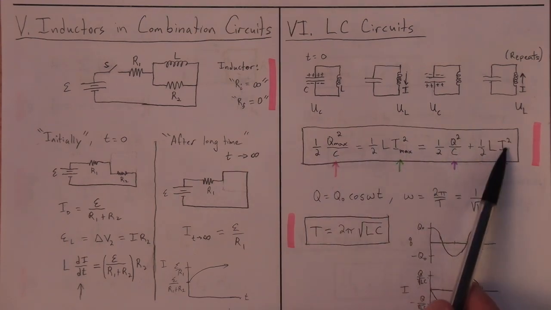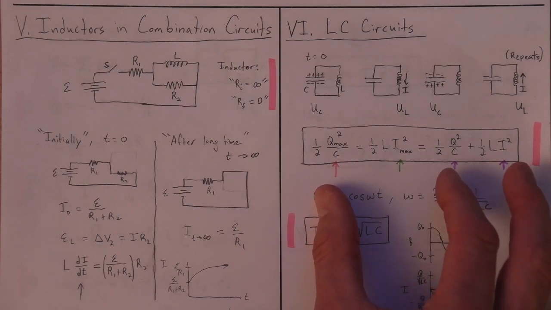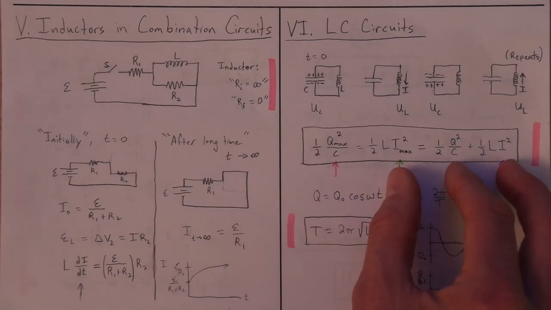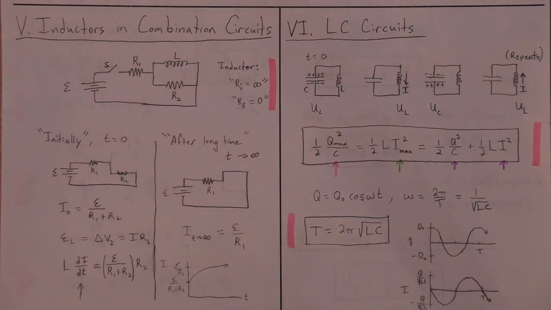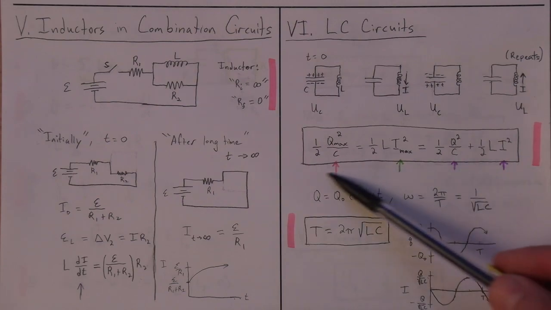And they give you C and L, and then you solve for I. So you might be told this, and then you're comparing these two here to this or that. So different parts of this formula with energy conservation. We've got oscillation between the charge and current, therefore the energy oscillates.